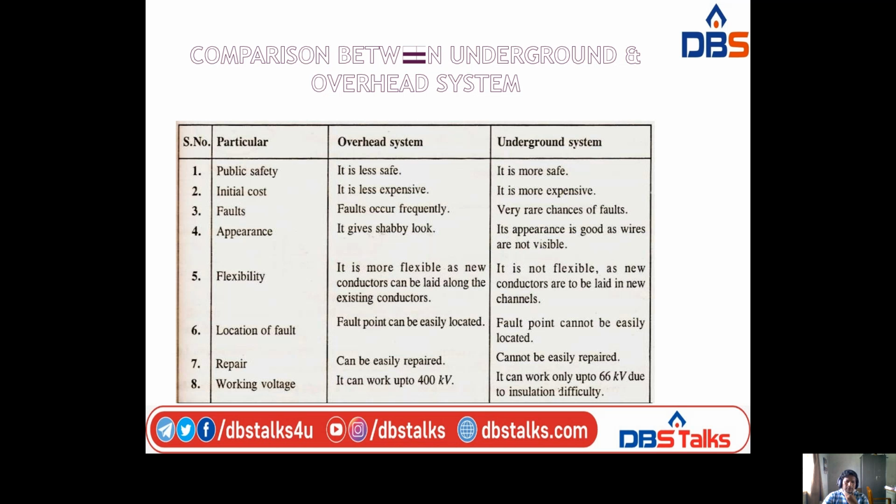Location of fault: in overhead, the fault point can easily be located; in underground, it cannot easily be located. Repair is very easy in overhead, but somewhat complicated in underground. Working voltage: overhead may work up to 400 kV, whereas underground can work only up to 60 kV, that is pressurized cables or screened cables.